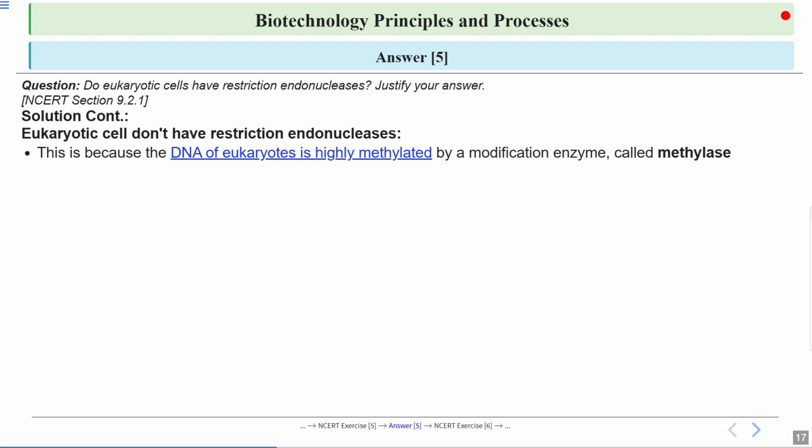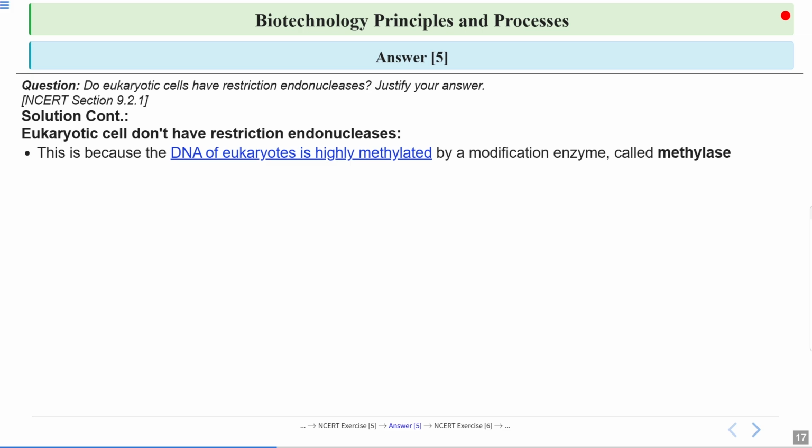This is because the DNA of eukaryotes is highly methylated. Yes, they are highly methylated by the modification enzyme called methylase. Now this methylase puts a methyl group on specific nitrogenous bases, right? So it protects the DNA, right?